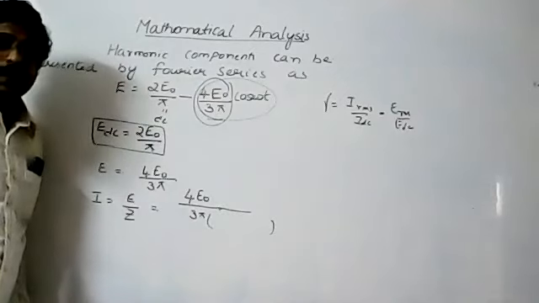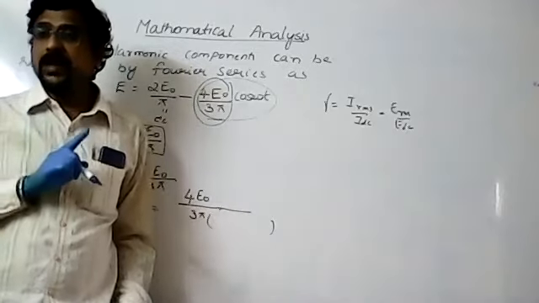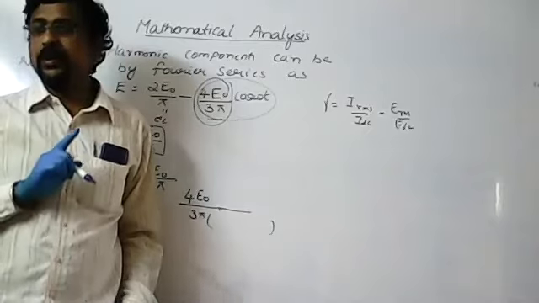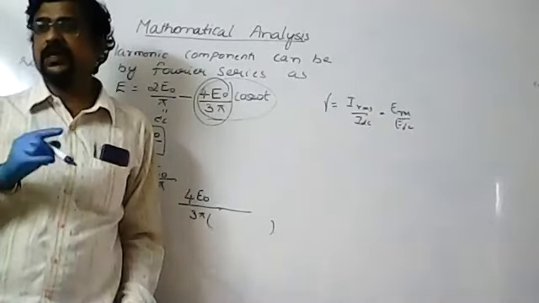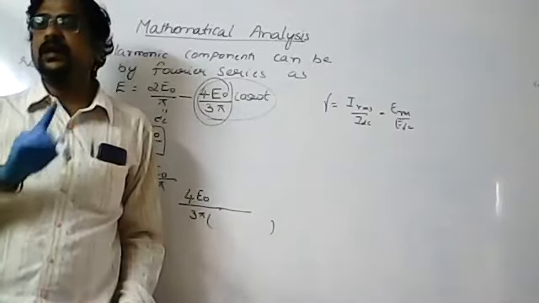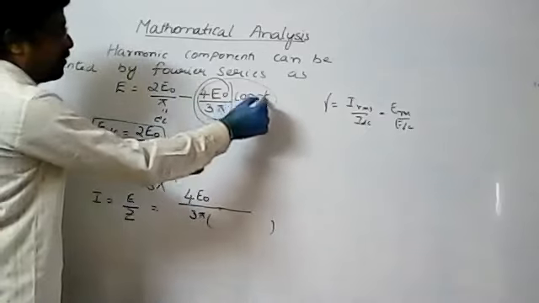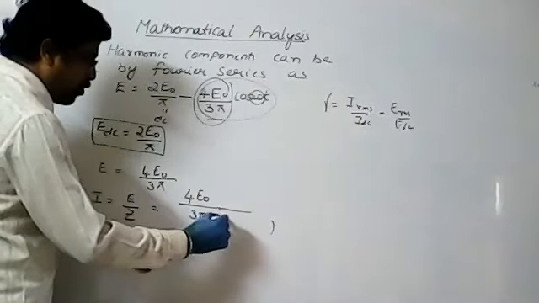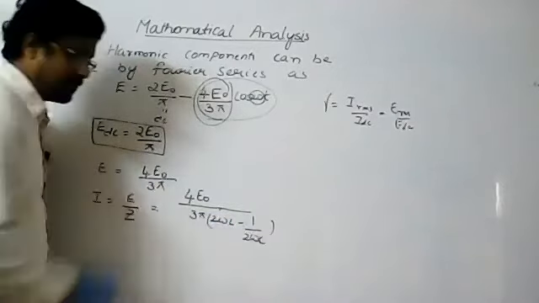The impedance offered by the inductor as well as the capacitor, because the complete filtering action is done only by the inductor and capacitor, not the rest. So what is the frequency here? 2 omega, the second harmonic. So I will write it as 2 omega L minus 1 by 2 omega C.